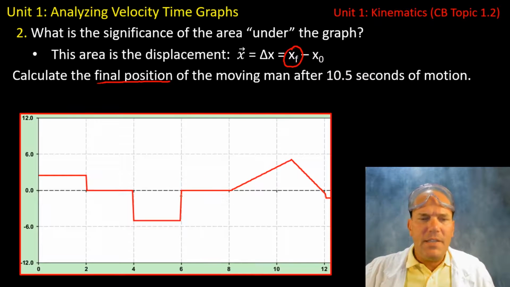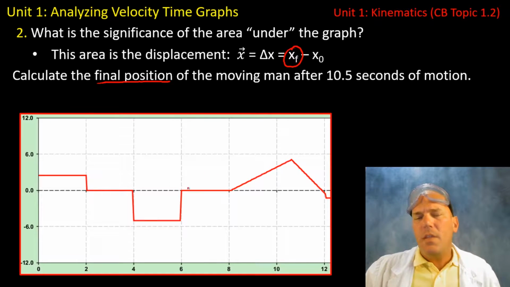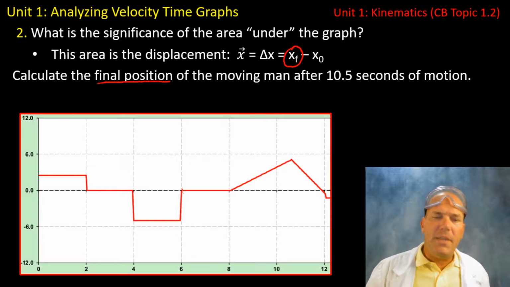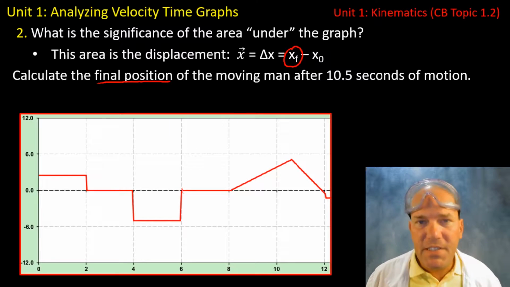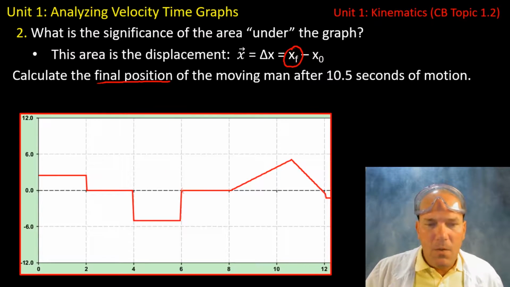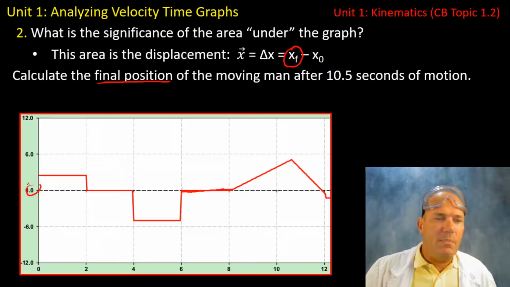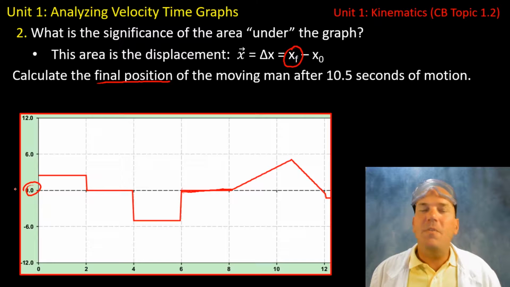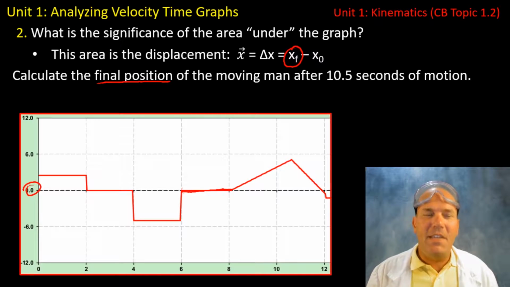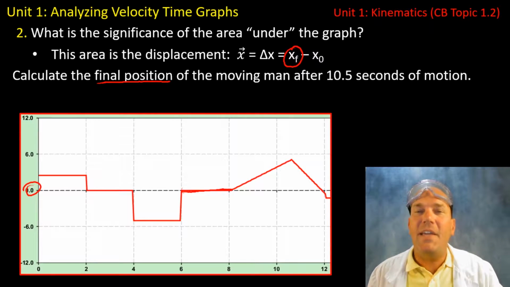Now, we just got done calculating the moving man's displacement for the first 6 seconds of motion, and hopefully it's evident between 6 and 8 seconds, the moving man is not moving at all. His velocity is 0 meters per second.